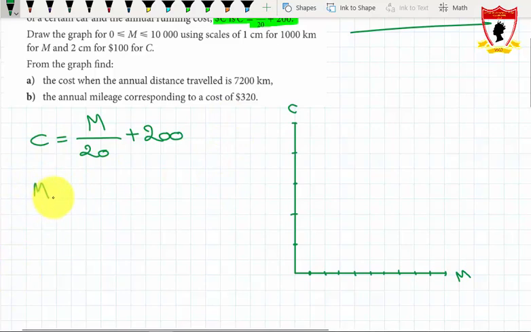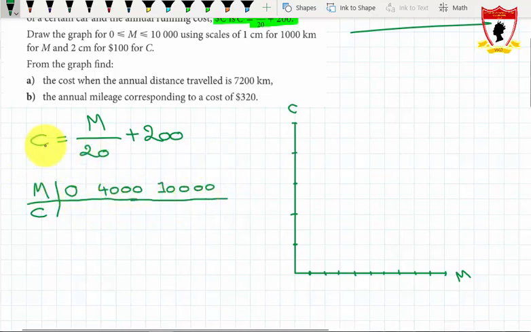We're going to pick some values for m randomly from 0 to 10,000, and then we're going to work out the c for each value of m. Since m should be between 0 and 10,000, it's fine to pick 0 first. 0, we can say 4,000 and 10,000. We picked the values for m.